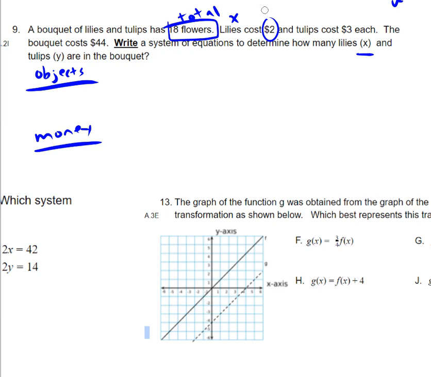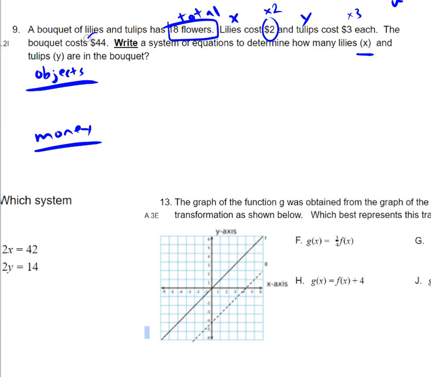So that's going to be X times 2, however many X I have times 2. And the tulips are going to cost $3 each, and they want the tulips to be Y. So I'm going to make my tulips Y, and they cost $3 each, so they're going to be times 3.